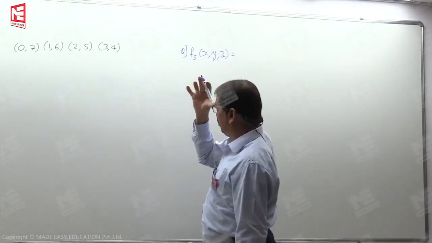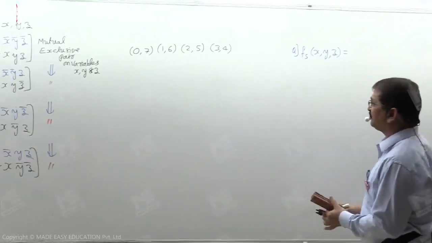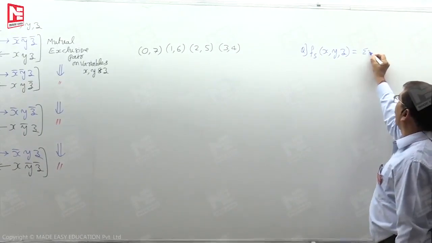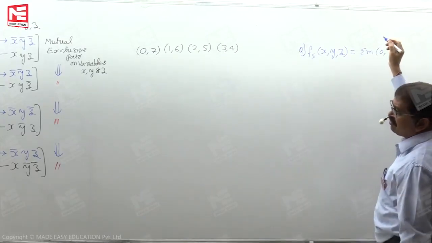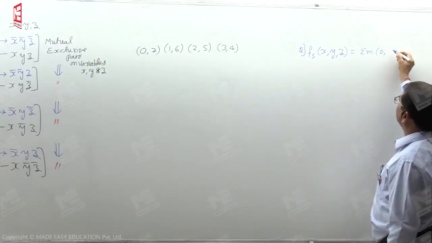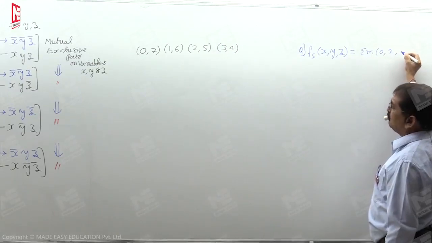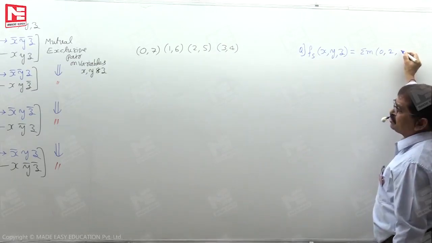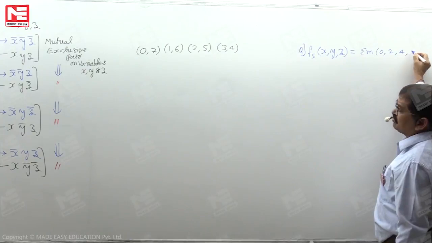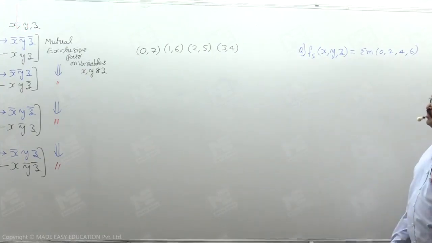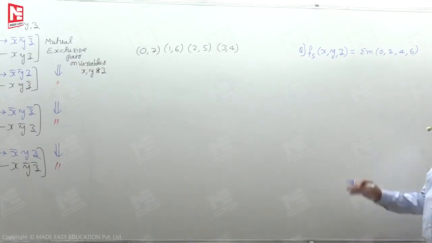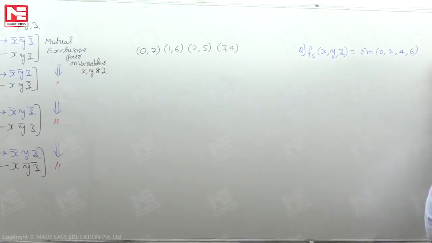Let's take the min terms as 0, 2, 4 and 6. Again, the question for us is whether this function is a self-real function or not.